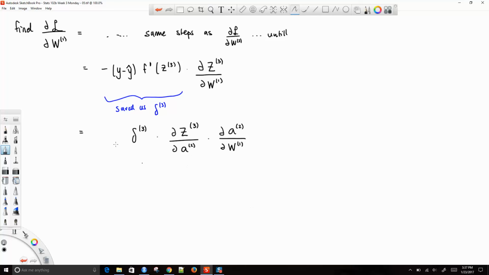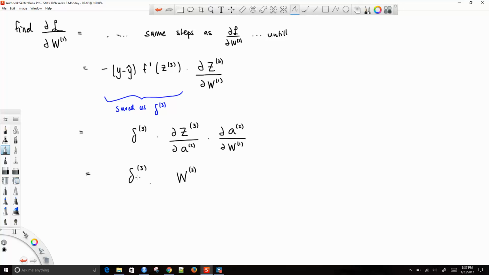If we think of how Z3 varies with respect to A2, this is our W2 matrix.